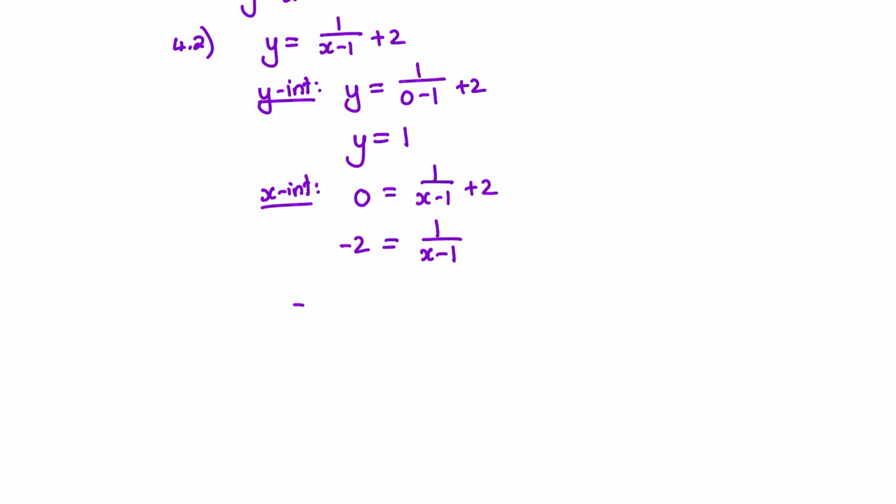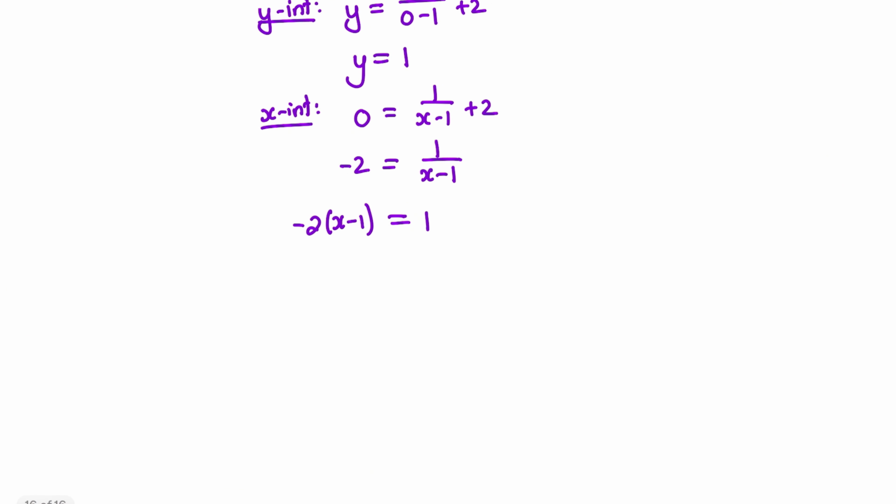So we'll have negative 2 multiplied with x minus 1 is equal to 1. I'll quickly multiply out. So it's negative 2x plus 2 is equal to 1, and then I'll solve for x. So we can see that x is equal to a half. That will be our x-intercept.